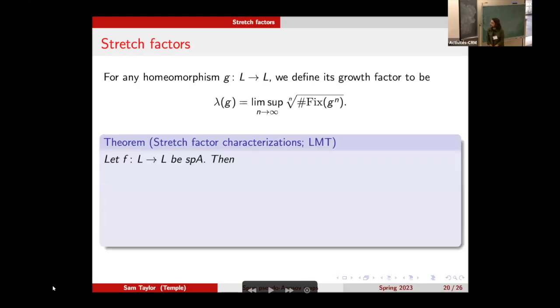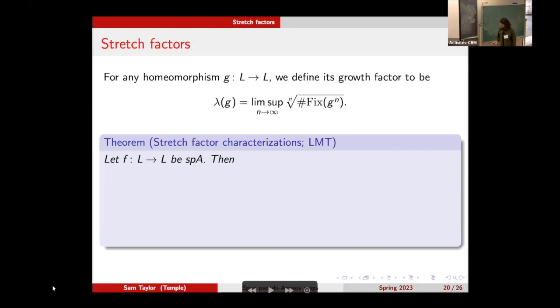Okay. So the following theorem, again joint with Landry and Minsky, is a description of what the growth rates, we'll call stretch factors, of these spun pseudo-Anosov maps are. And the point is to try to get a theory that mimics the theory of pseudo-Anosov homeomorphisms.